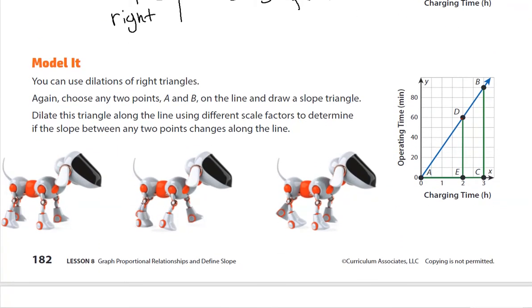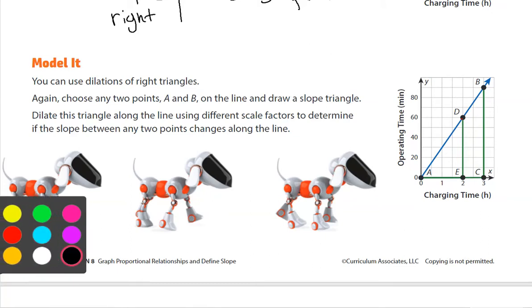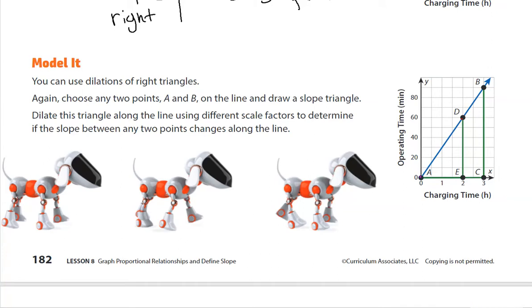You can also use dilations of right triangles. So we've got 2 points again here. We've got point A and point B, and they've scaled it down by a factor of 2/3.